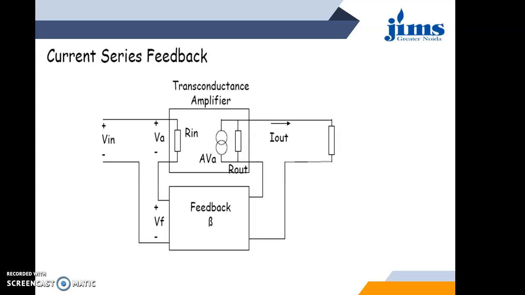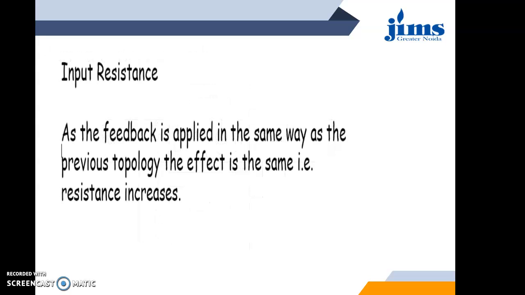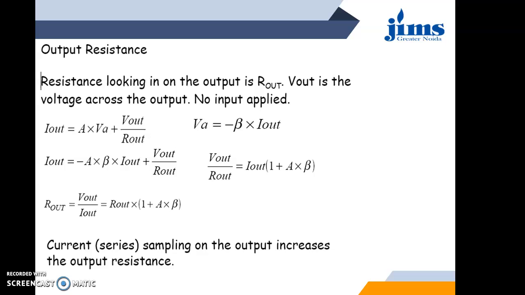So it is a current series: output is in series, and through the input we are having current. For input resistance, as the feedback is applied in the same way as the previous topology, the effect is the same, because the input port is similar to the previous case. So we get increased input impedance.